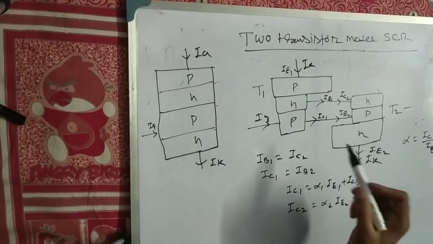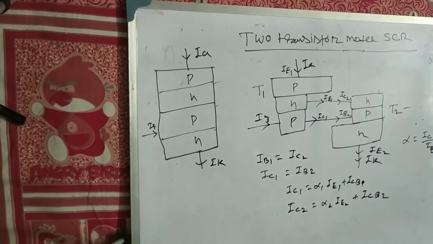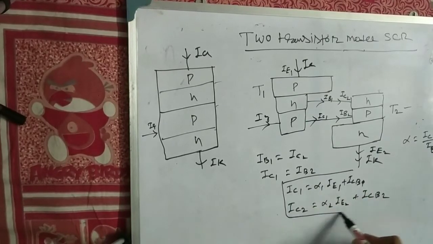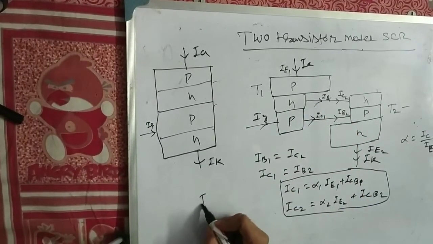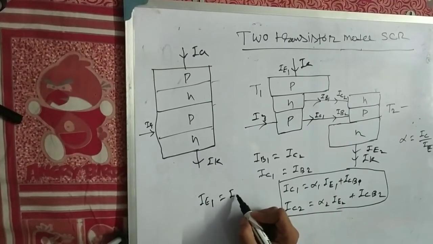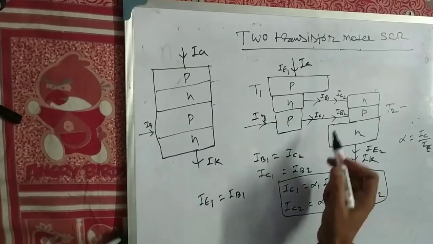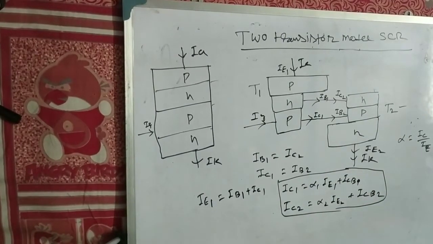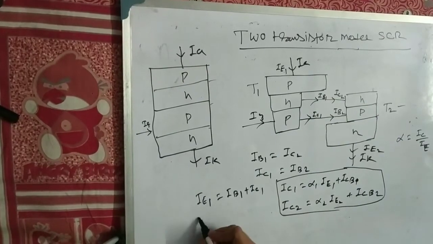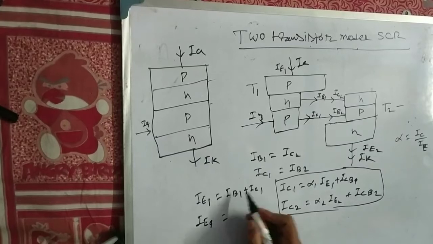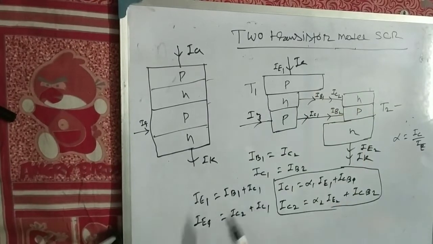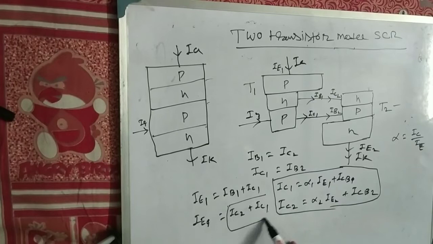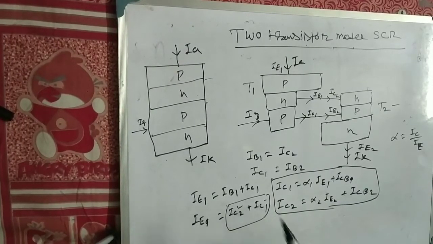Now we can see the emitter current. These are my two equations. For the emitter current IE1, it is IB1 plus IC1, and IB1 equals IC2, so IE1 equals IC1 plus IC2. This means the emitter current of transistor 1 equals the collector current of transistor 1 plus the collector current of transistor 2.